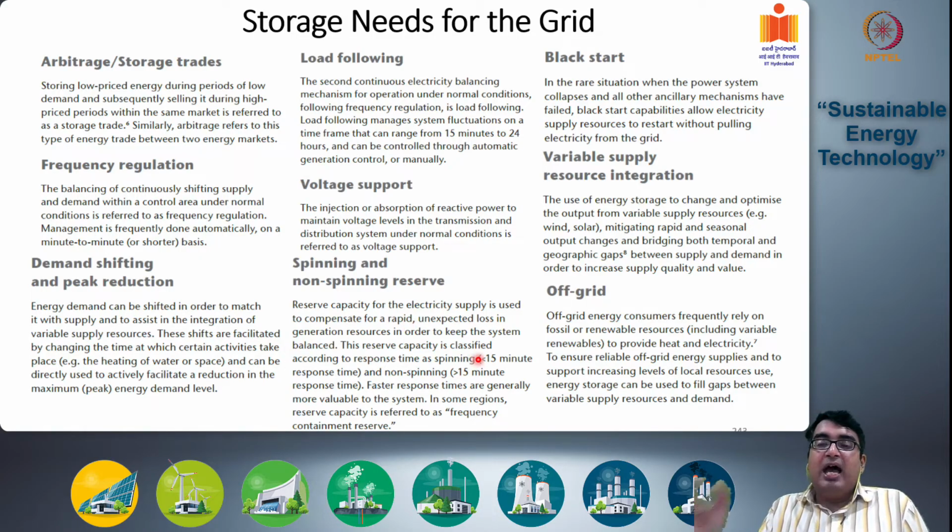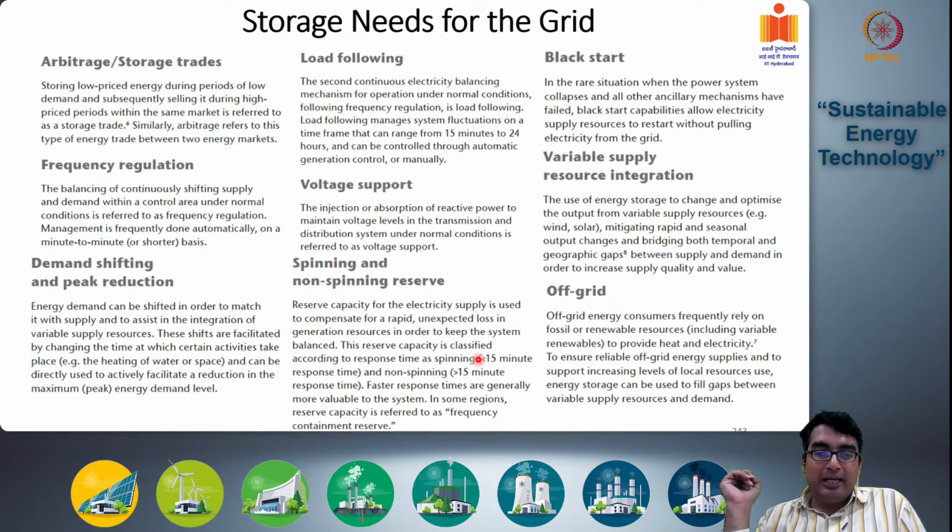Spinning reserves have less than 15 minutes response time. If there is a drop in supply, a spinning reserve can turn on within 15 minutes, so these are rapid response reserves. Non-spinning reserves have greater than 15 minutes response time. These are slow to respond to sudden drops in supply.